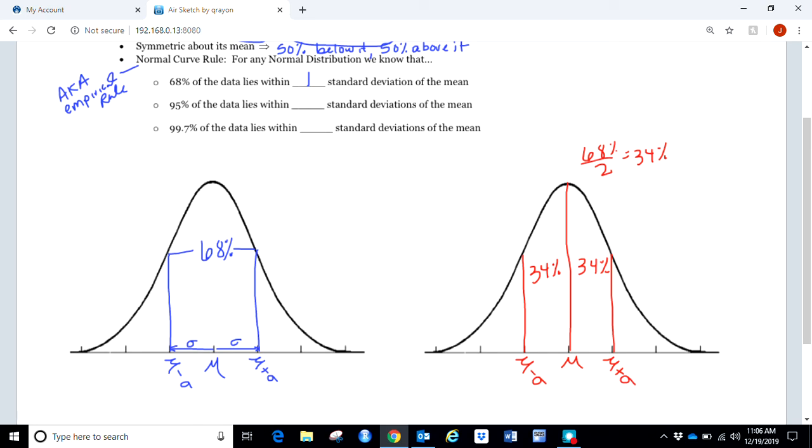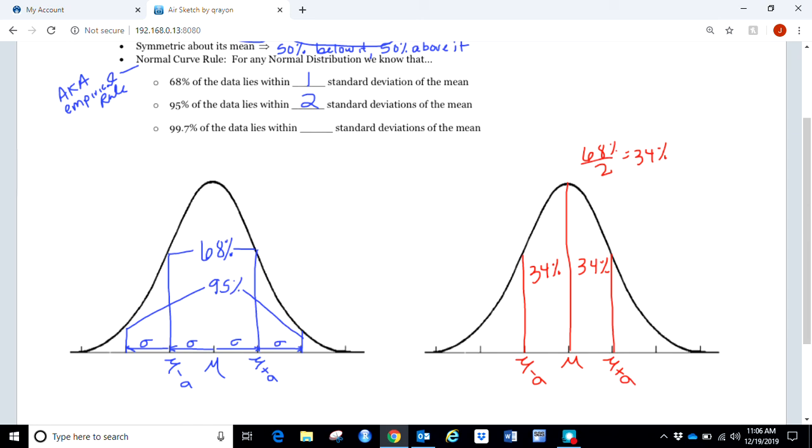So 95% of the data lies within two standard deviations of the mean. Looking here at my graph with the blue lines on it, that means I'm just going to go out another standard deviation in both directions. And when I do that, this time I'm going to get 95% of my observations.